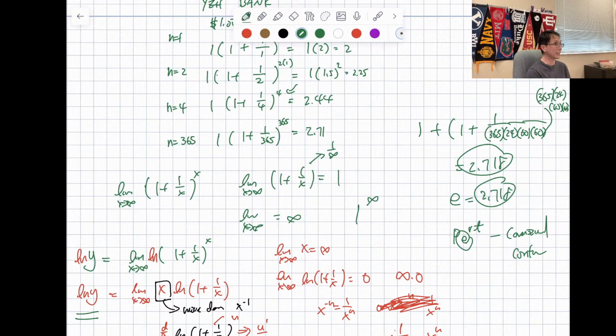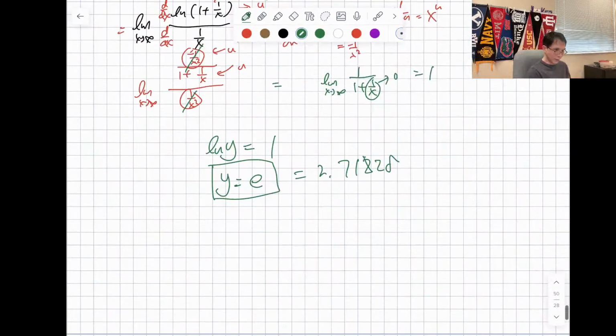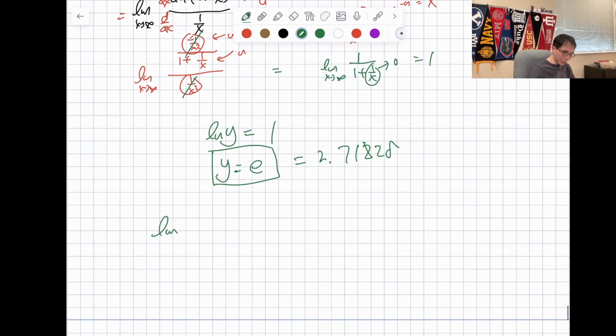That E is 1 plus 1 over x to the x. And this is the definition of E. The definition of E is the limit as x approaches infinity of 1 plus 1 over x to the x is equal to E. This is a definition that you guys just discovered.